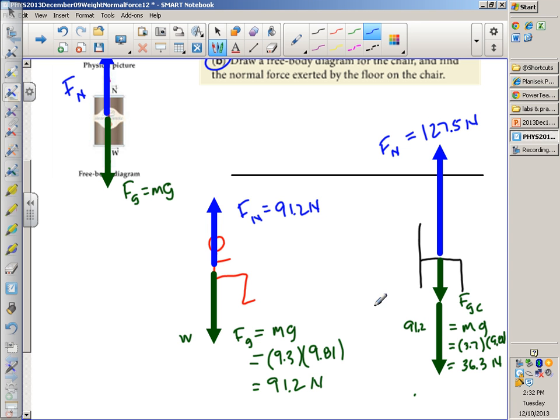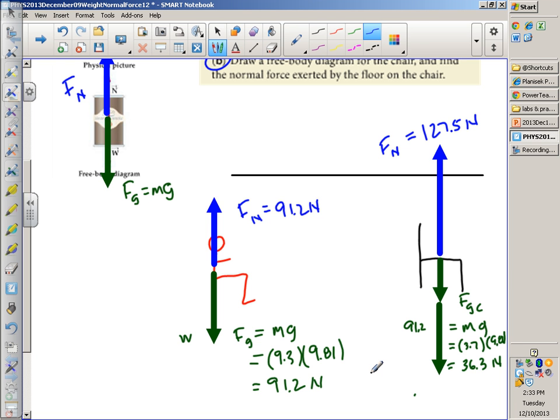Because if the chair doesn't move, what does the net force on the chair have to be? 0. And therefore, we have to have just as much up as we do down. Good there? Okay with that so far?